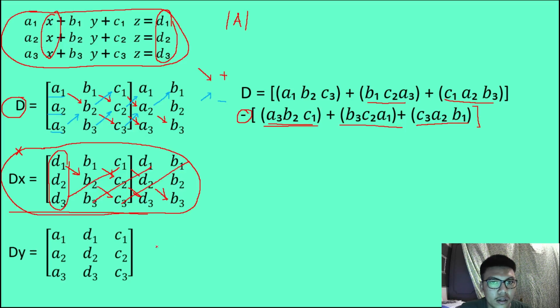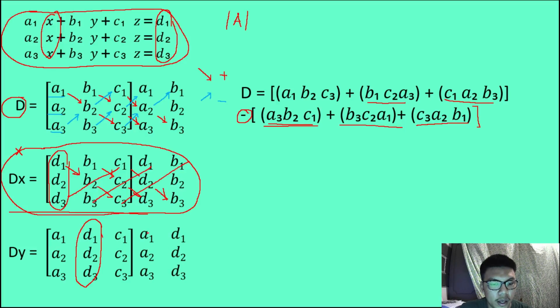So, same lang for y. So, new matrix again, but instead of the column that contains the coefficients of variable x, we're going to replace the column containing the coefficients of the variable y with our constant matrix, which is D1, D2, and D3. Okay?